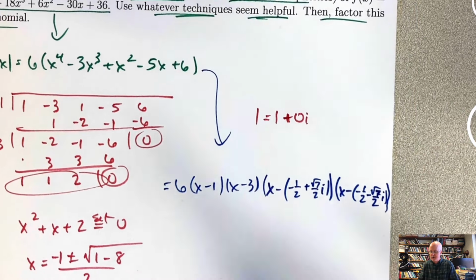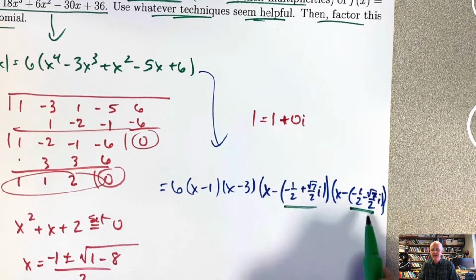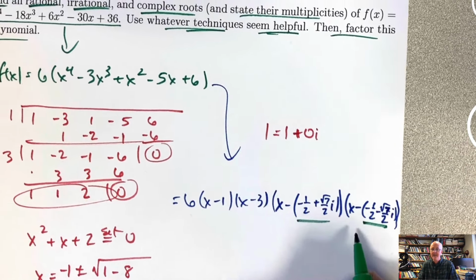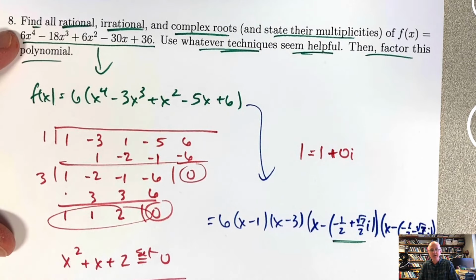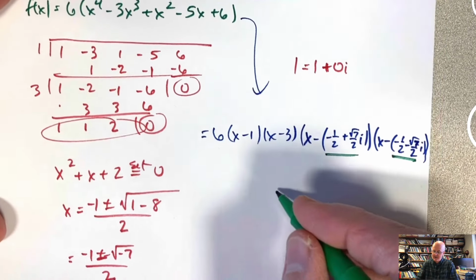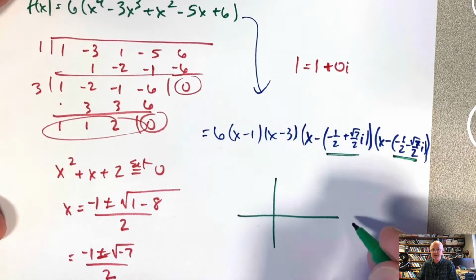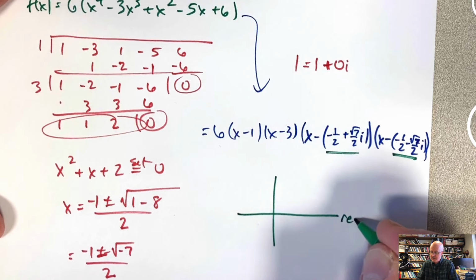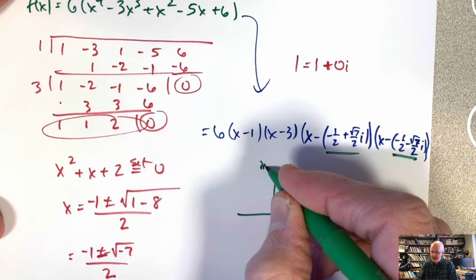Also, do note that these 2 complex roots are complex conjugates of each other, same real part and opposite imaginary parts. That will always happen, it turns out, if your polynomial has real coefficients, though it doesn't necessarily happen if they have complex coefficients. Final thing to do is you can graph these roots in what's called the complex plane, where you label the axes with the words real and imaginary.